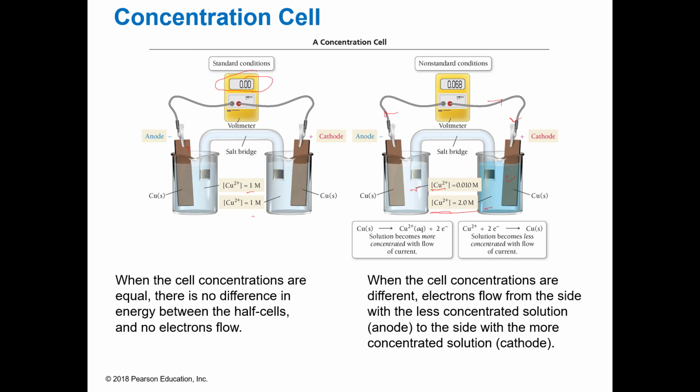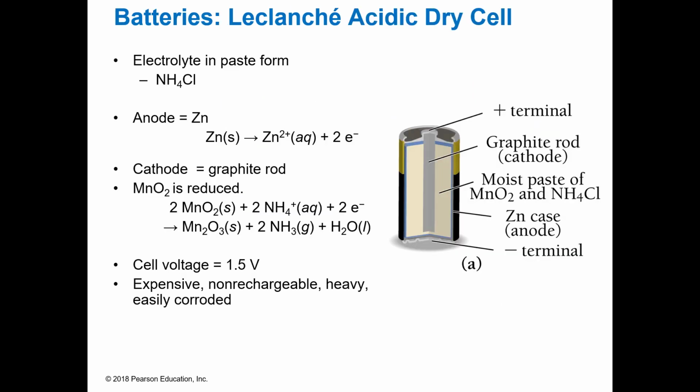We've also looked at the relationship between Gibbs free energy, cell potential, and equilibrium constant. And we've talked about the theory behind that. And then ultimately we end up with the Nernst equation for non-standard conditions, which is really important. So make sure you know that. But again, the rest of the chapter, it's this type of thing, batteries, an acid dry cell.